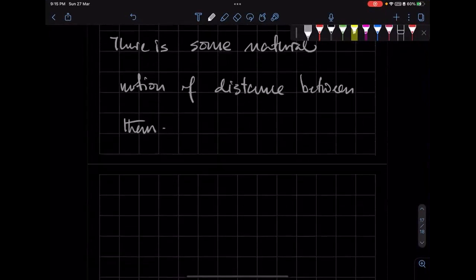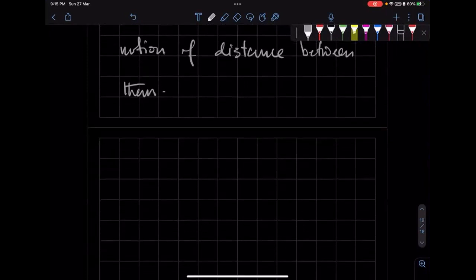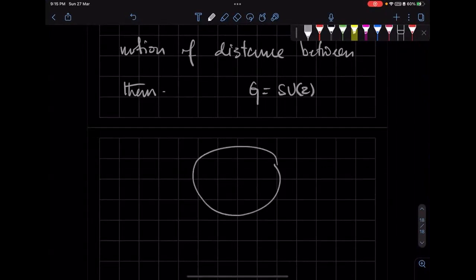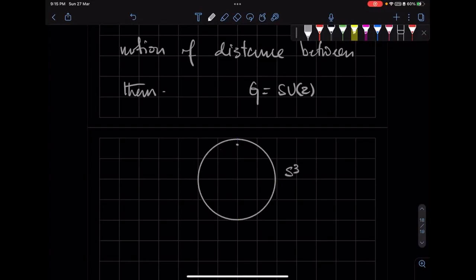So for example, if I take G to be SU2, then the manifold is S3, right? So S3 has, say, a north pole and a south pole. Obviously, the north pole is not close to the south pole, right? So there is a G north, G south.